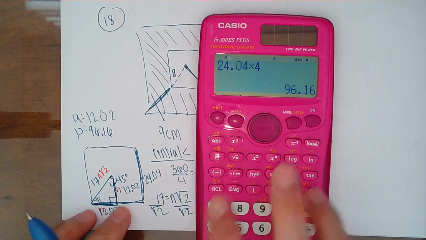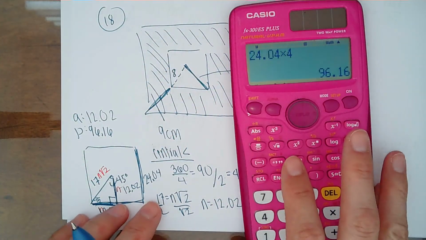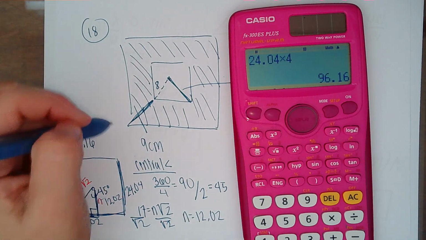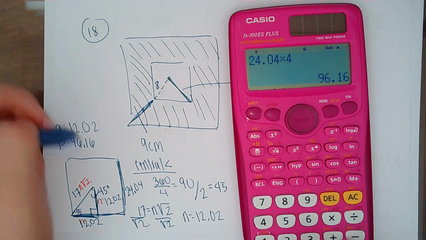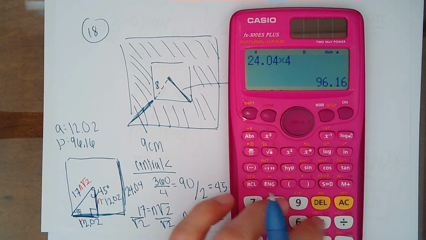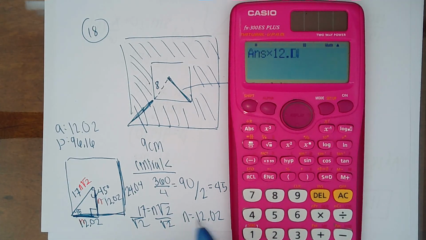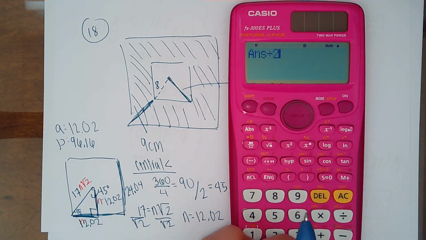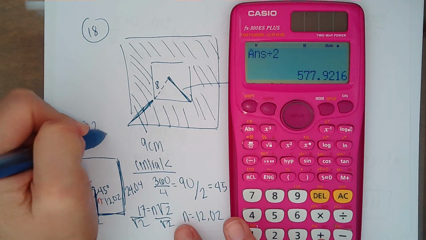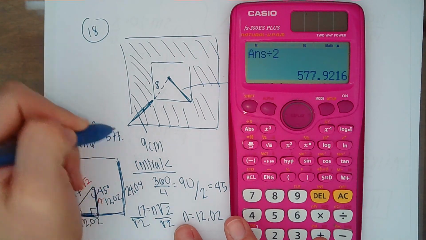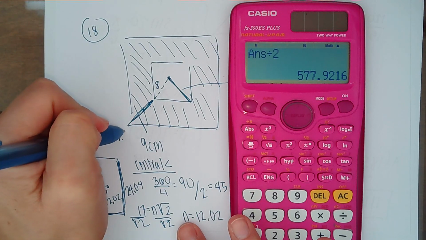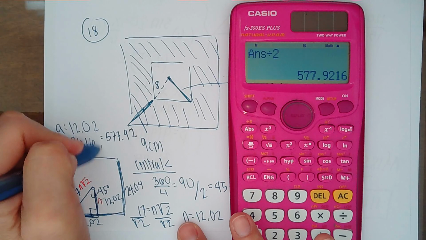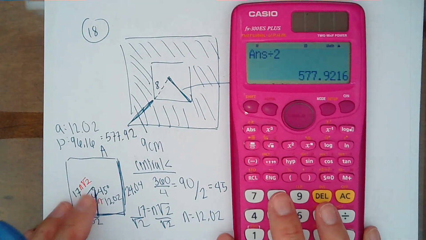So now to find the area of this big whole square, I'm going to find the area of this one. So 96.16 times 12.02 equals, and then divided by 2, and I would end up with 577.92. That would be the area for this big square.